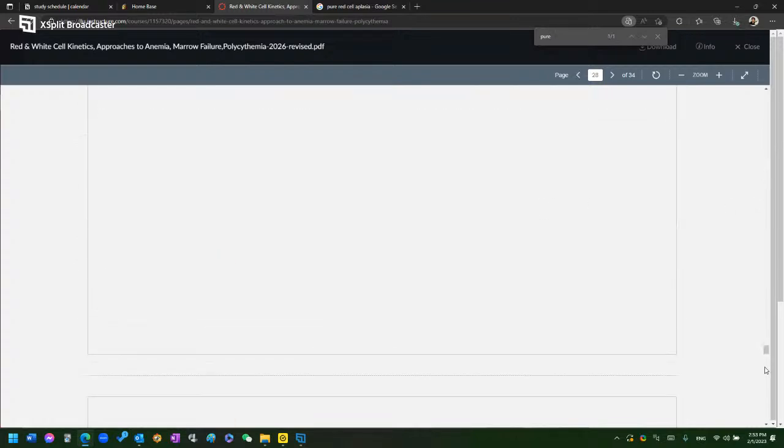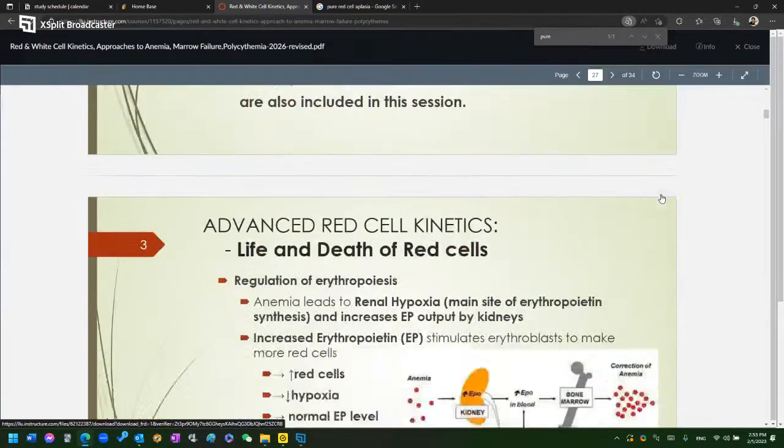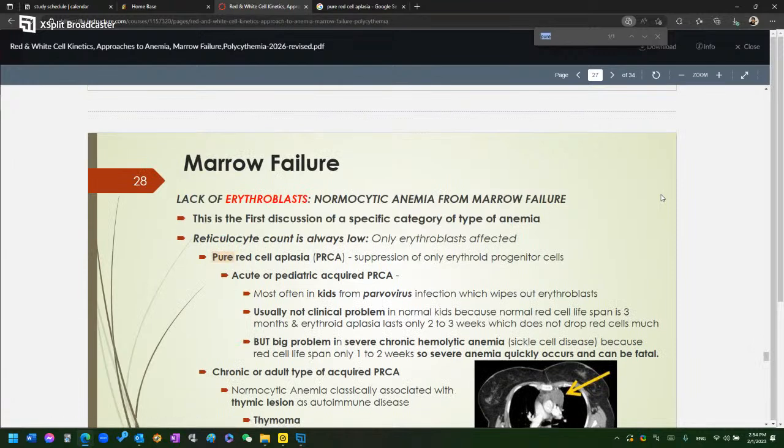If it'll load, that is. Wow. You are really not being my friend today. Yeah, here we go. Pure red cell aplasia.